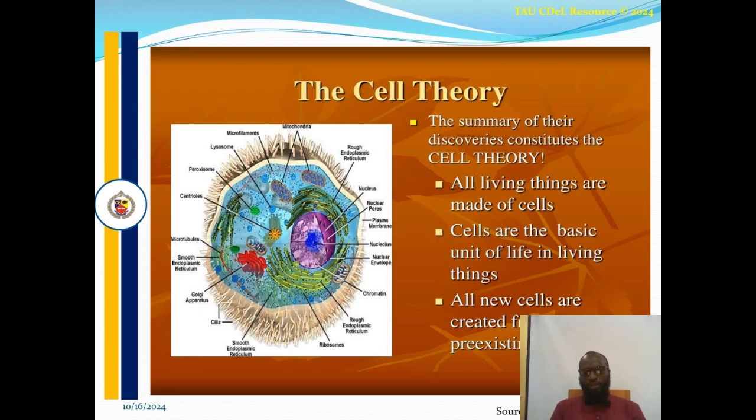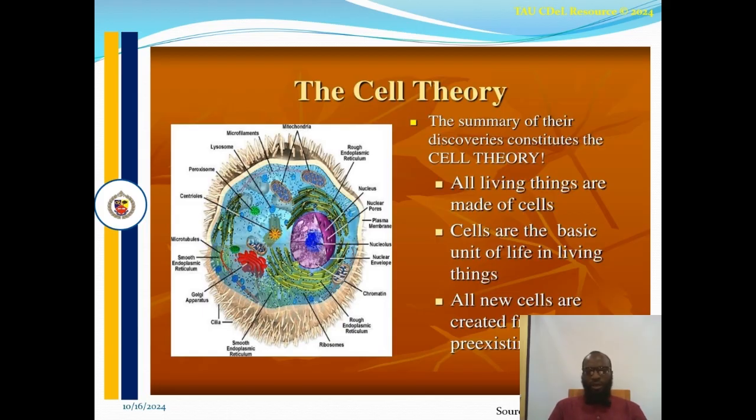So all living things are made of cells. This is number one. This is the first point on the cell theory. All living things are made of cells. Cells are the basic unit of life in living things. All new cells are created from pre-existing ones.